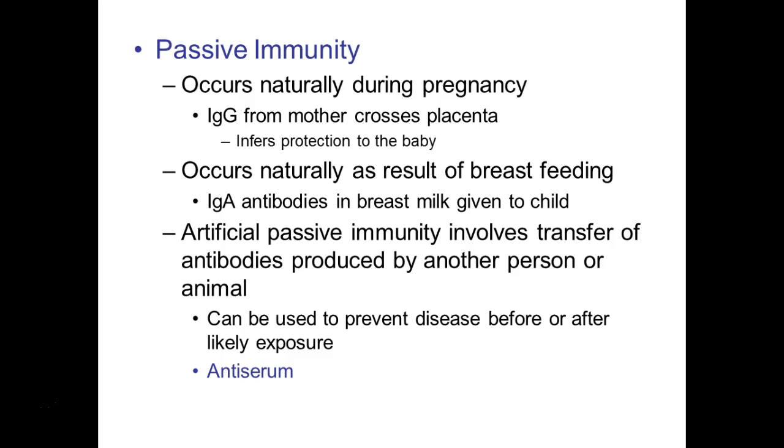as the name implies, right? It's something we pass. So it occurs naturally from the mom across the placenta of IgG, and IgA in the breast milk. And then we spoke about previously, right, that rich colostrum that has a lot of IgG.